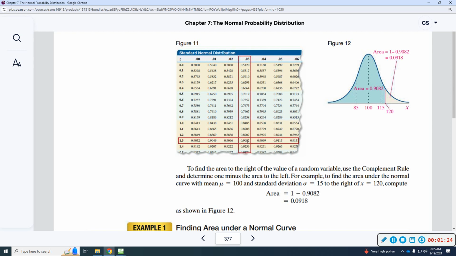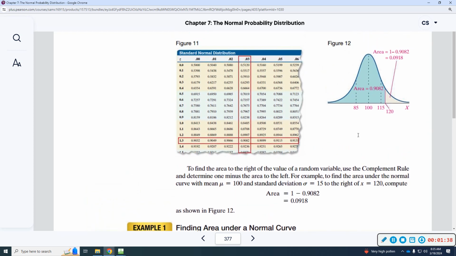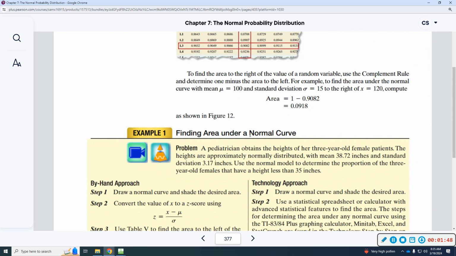So 1.33. The area to the left indicated by this number would be 90%, or 0.9082. If we wanted to find the area to the right, we would do 1 minus that. So the whole bell curve is 100%. 1 minus the area to the left is equal to the right.